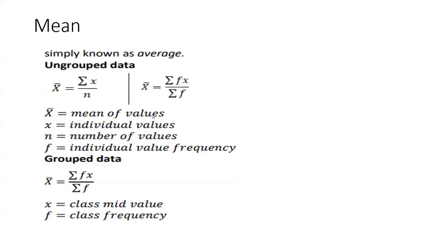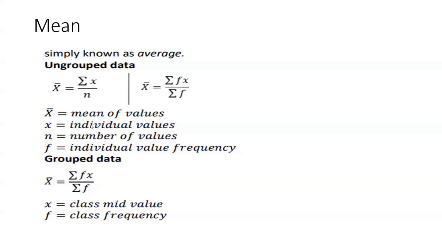Now let's look at the mean. A mean is simply the average of the data points that you have. So if you have points represented by x, maybe x1, x2, x3, x4 up to xn, then you have the number of those individual values being n.